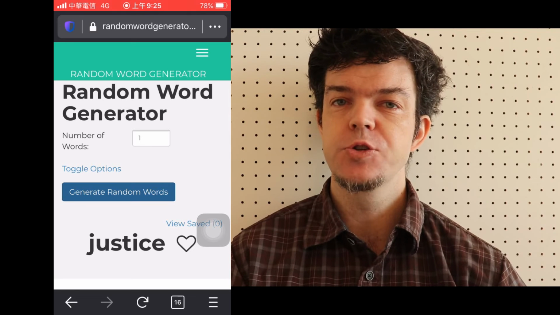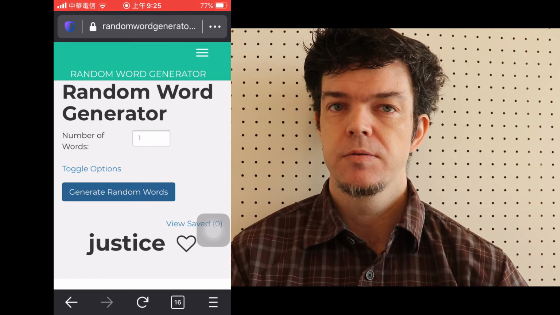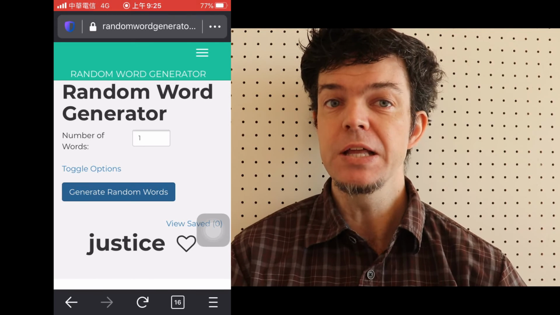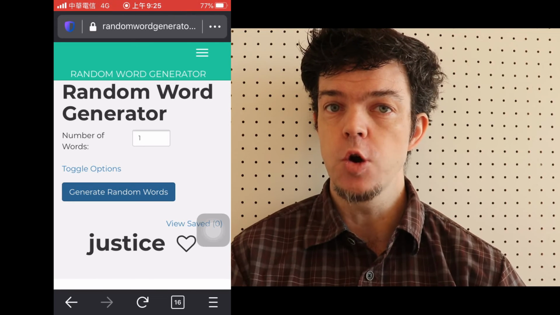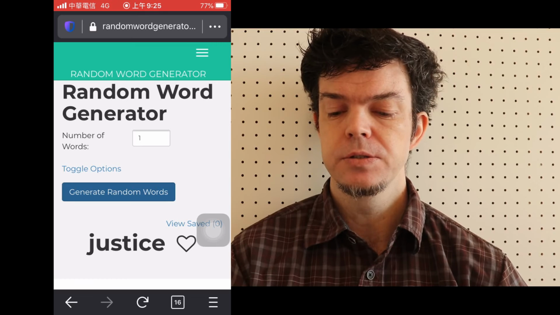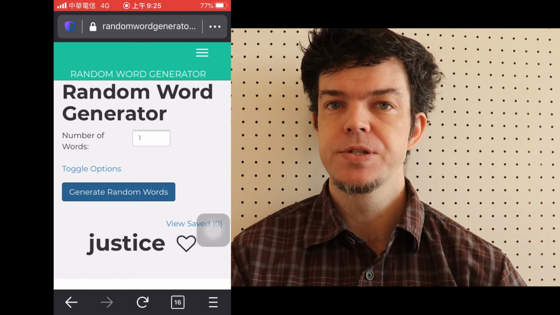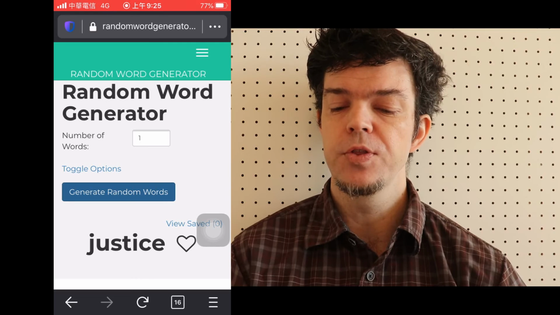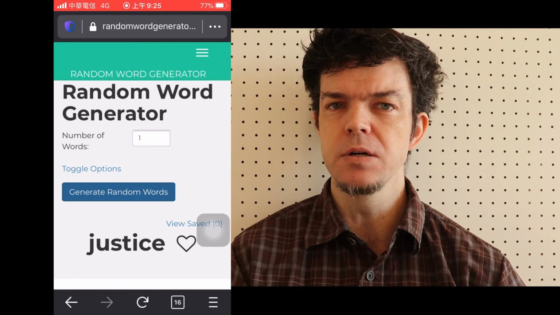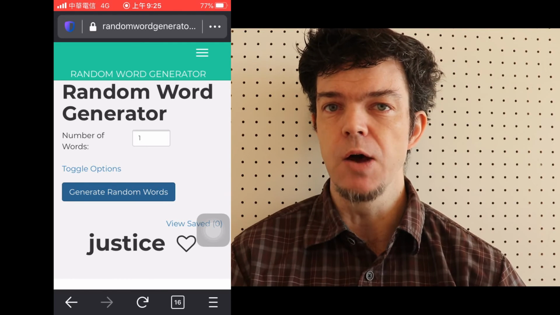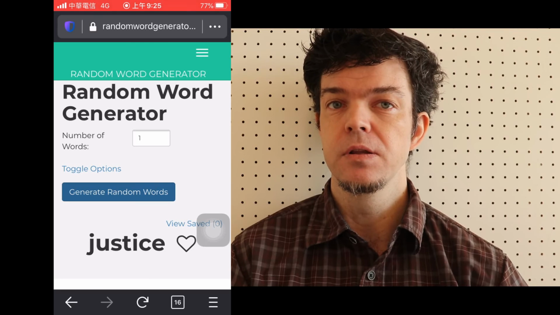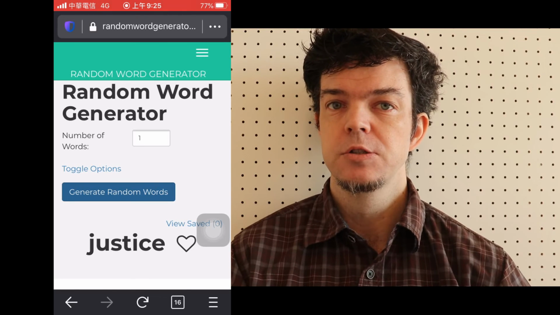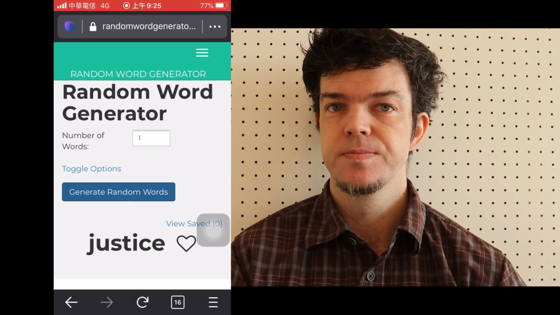So we have two syllables here, and the first one, the U, is between the J and the S, giving it a short sound, and the I is actually a pair with I and E, but it still has more of a short sound. And we have the stress on the first syllable, so it's pronounced justice.